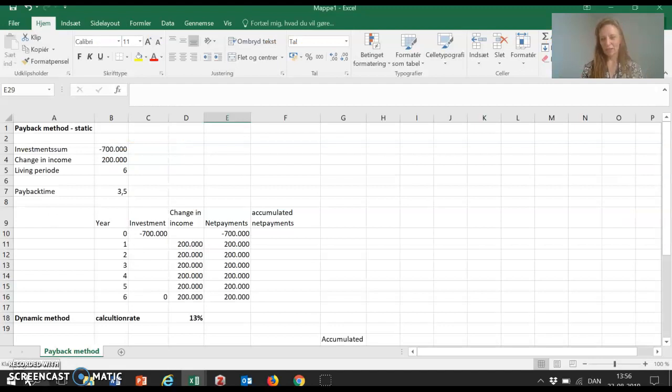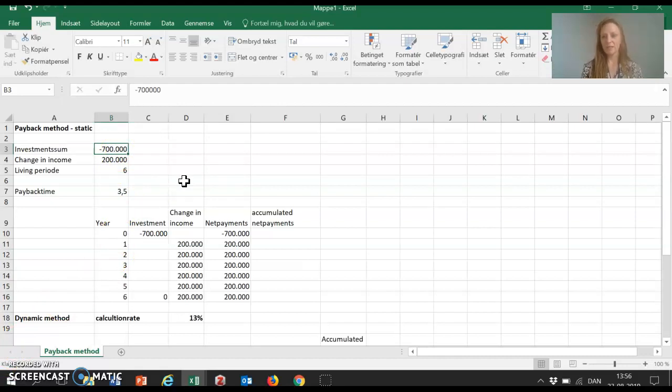So, as I always also did in the previous cases, I have cheated a little, so you might want to press pause and recreate what you see here on the screen regarding the Excel sheet that you see here. This is just a thought-up example. We have made as a company some sort of investment in a machine, could be of 700,000.